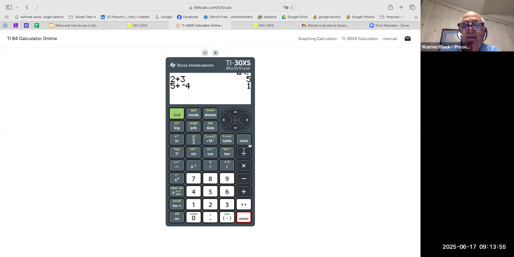Now, if you want to go back up and change the first problem, press the up arrow, and we can edit that, maybe. I guess not, but you can see what you had calculated previously. The magic button is the clear button. Just clear everything out and start your next activity.